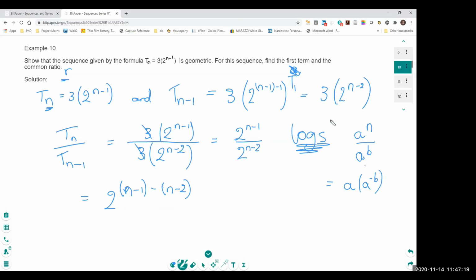And that is a to the power of n by a to the power of minus b. So that's equal to, you add the powers if you multiply them. So it's a to the power of n minus b. Okay? That's just a little log aside that you should remember to do.